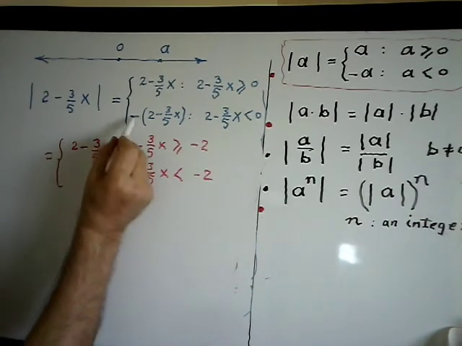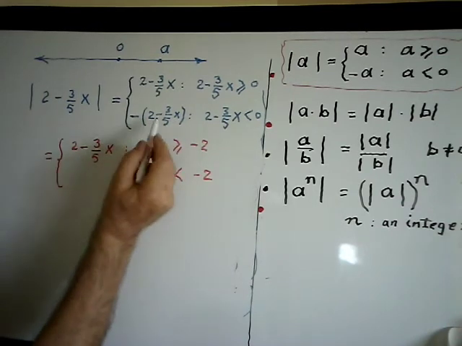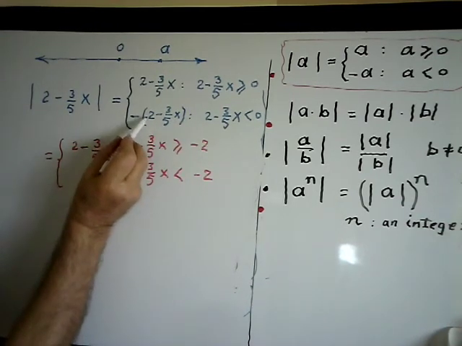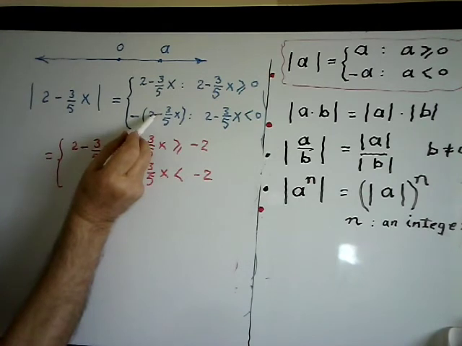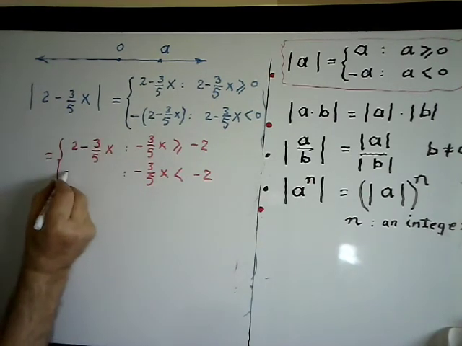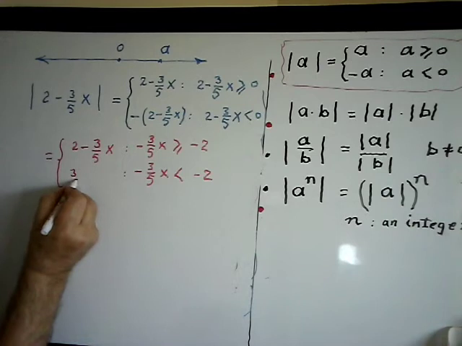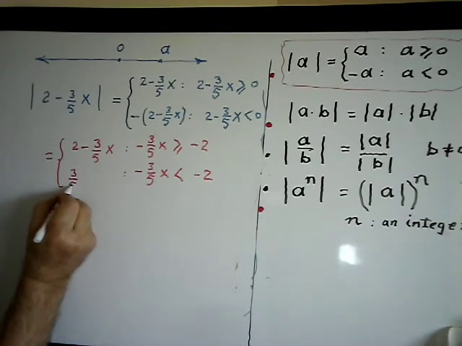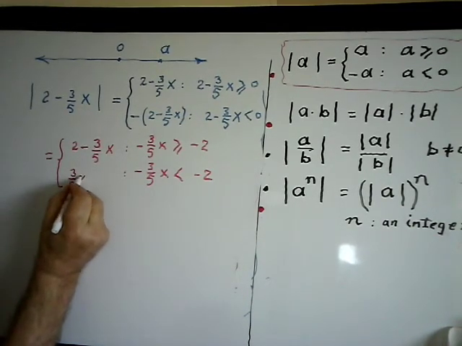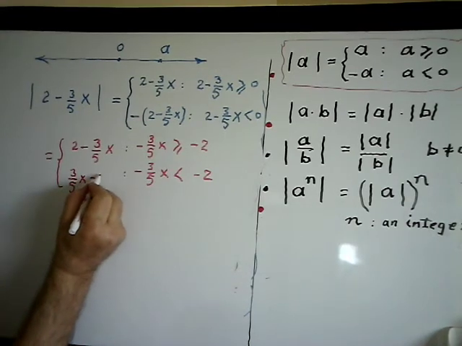And this we can write without brackets, so it will be negative 2, and negative by negative is a plus, so we write the plus first, plus 3 over 5x, and negative 2 after then.